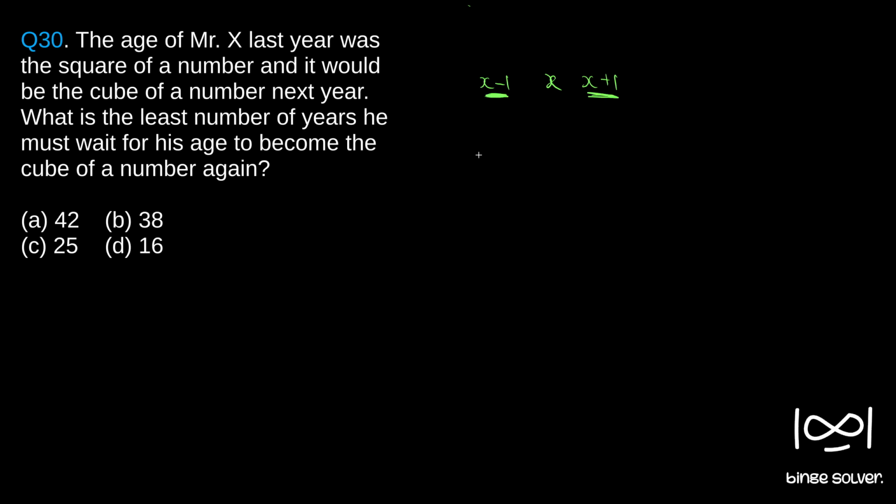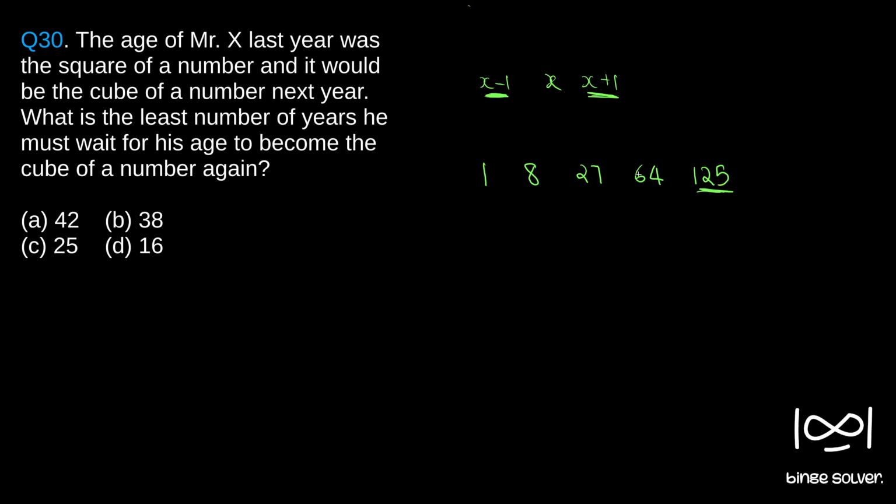So if you write down all the perfect cubes, 1 cube is 1, 2 cube is 2 into 2 into 2, which is 8, 3 cube is 27, 4 cube is 64, 5 cube is 125. Since age will definitely be less than 100, we don't have to consider beyond this. Only these three numbers we need to consider.